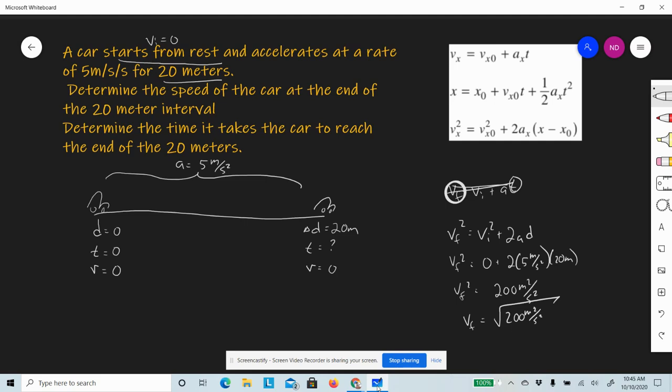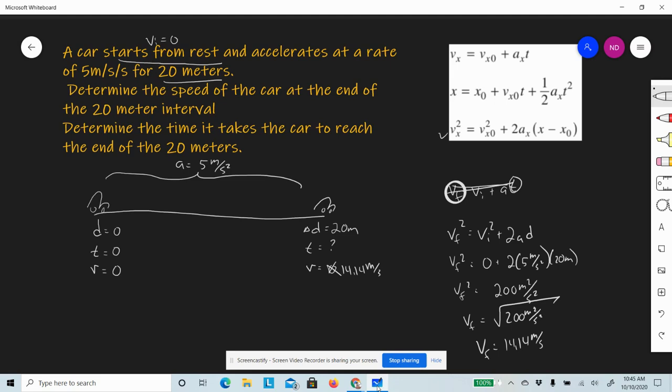The square root of 200 is 14.14. So VF is equal to 14.14 meters per second. That goes here. That's pretty simple, I hope.